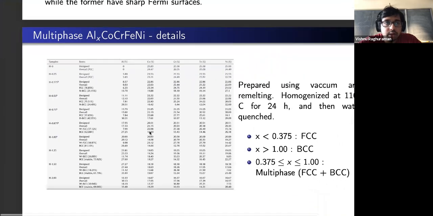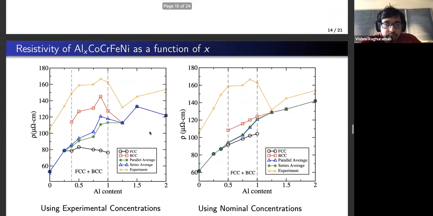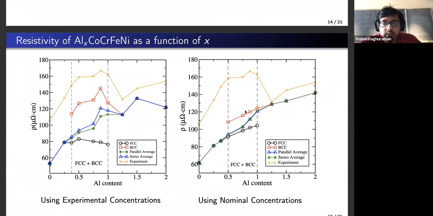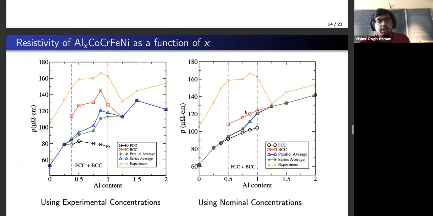So we did two examples of this. The one on the right is where we use the nominal concentrations for the different elements, basically the concentrations you would theoretically expect. On the left, we use the experimental FCC and BCC concentrations for the different systems. When you use the nominal concentrations, you get the standard monotonic increase as you add more aluminum.